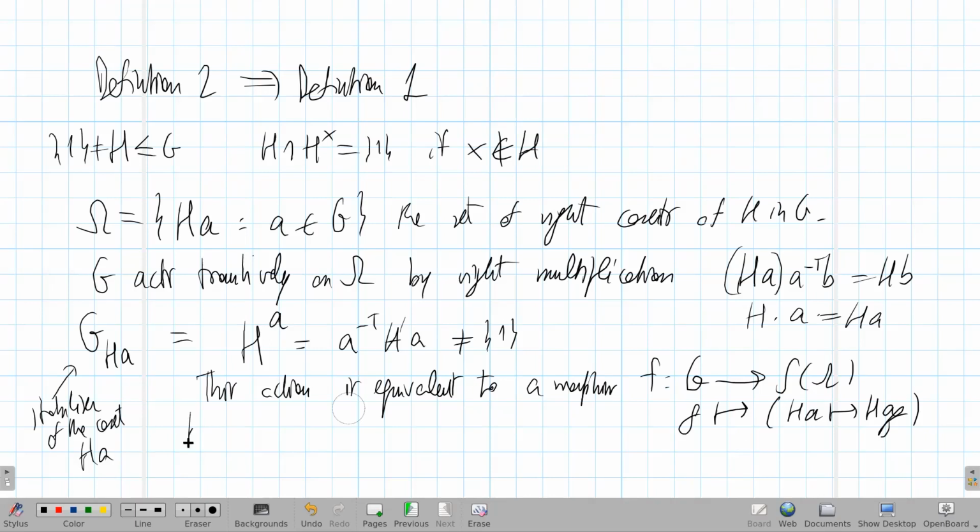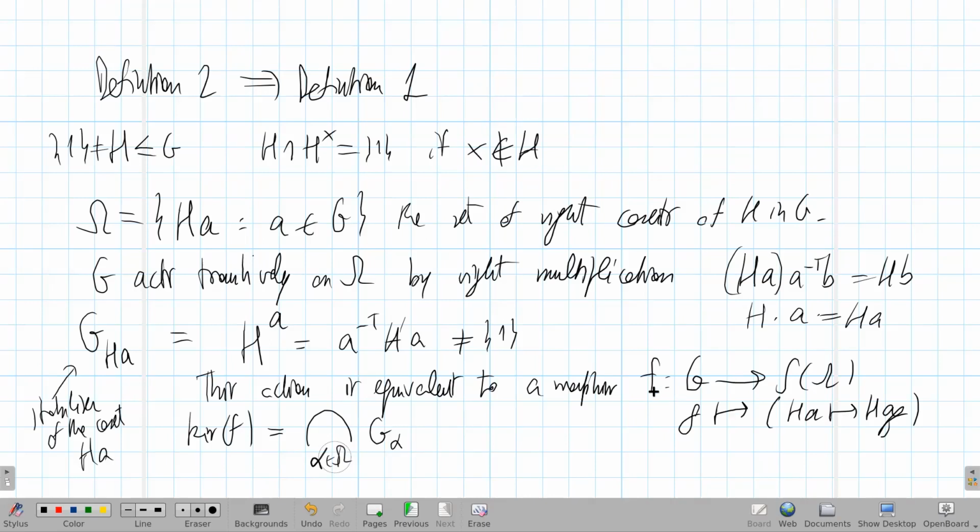It's known that the kernel of such a morphism, as you know, group actions can be given either by two axioms or in this form as a morphism from G to S_omega. And the kernel of the action is nothing else but the intersection for all alpha in omega of the stabilizers G_alpha.